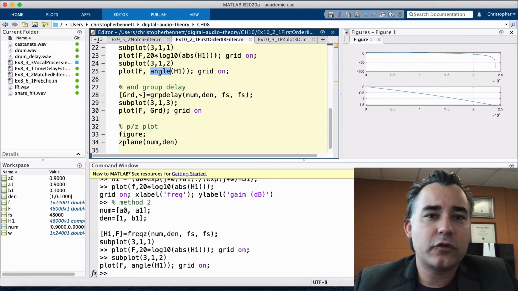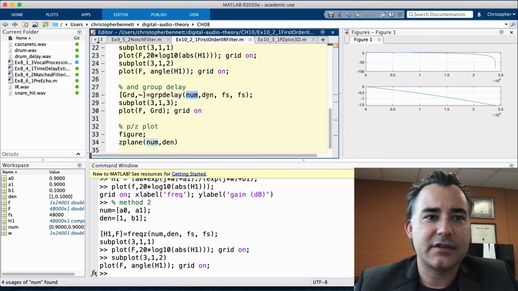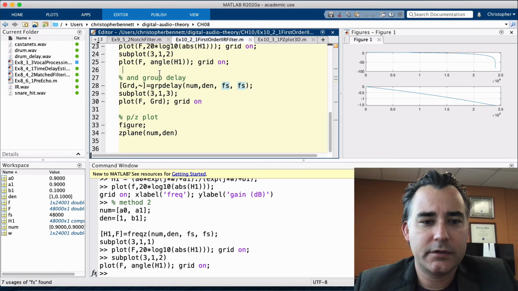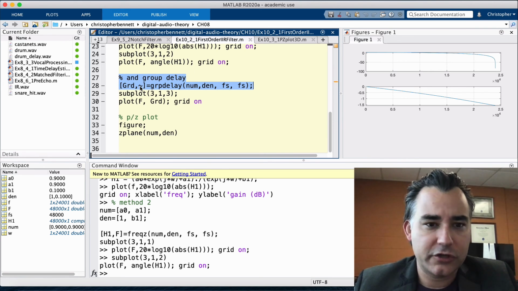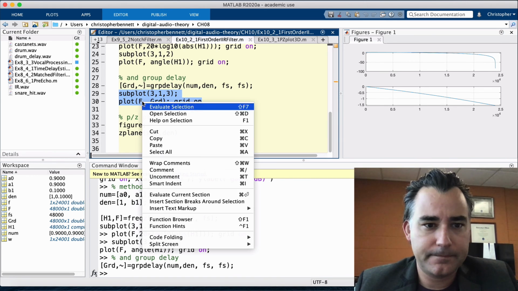So last we'll plot the group delay of this filter using the grpdelay function. It also takes numerator and denominator coefficients, as well as the sample rate. So that's going to be saved into an array called GRD, and we'll set up a plot for that as well.